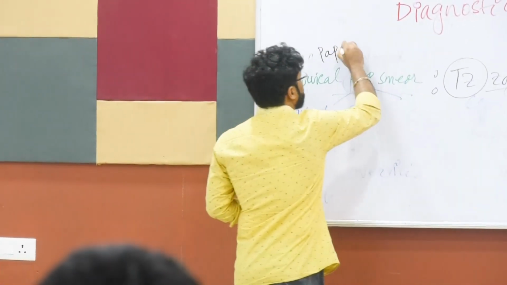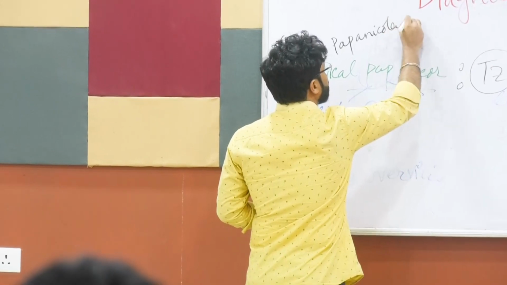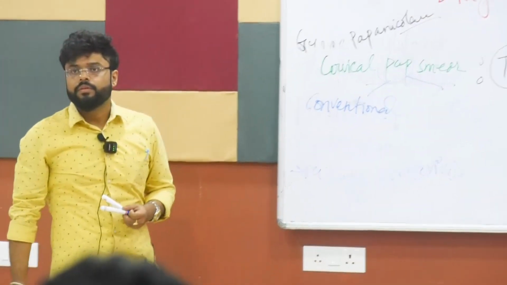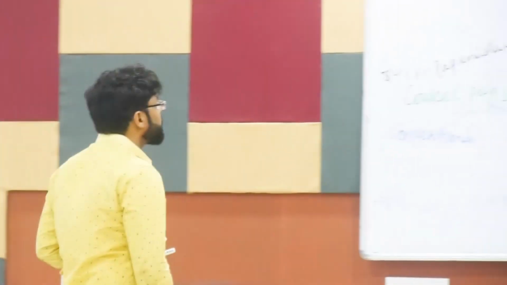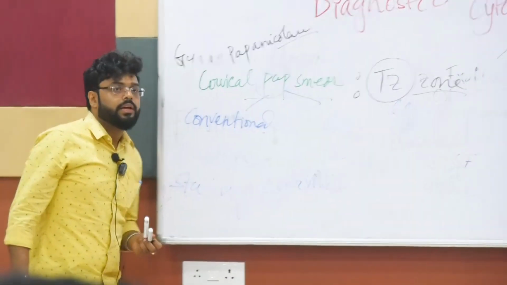The Papanicolaou stain is used to see the different types of cells present in the sample taken from the transitional zone of the cervical region. That is why it is known as cervical Pap smear.